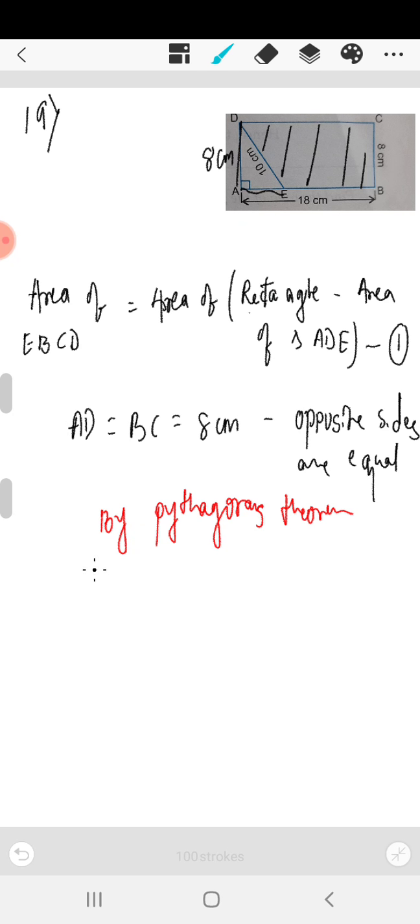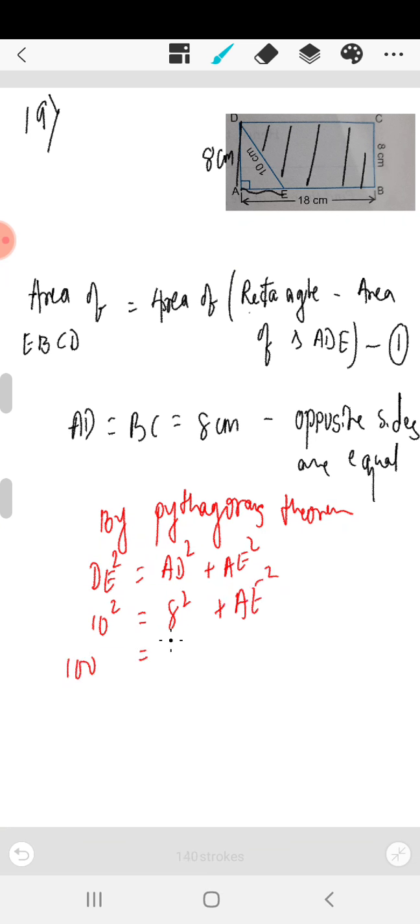We know that DE square is equal to AD square plus AE square. So DE square is 10 square, AD square is 8 square plus AE square. So this is 100, that is equal to 64 plus AE square.